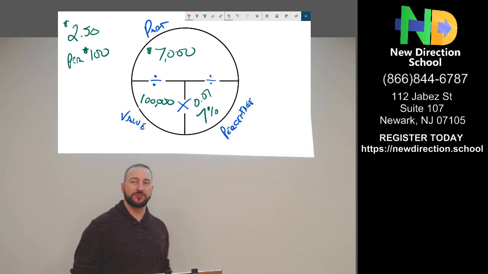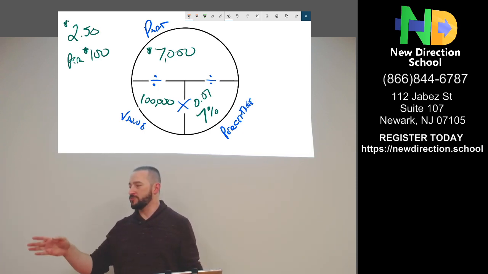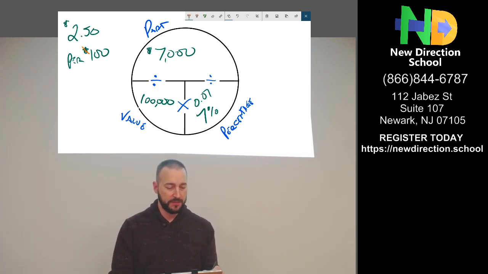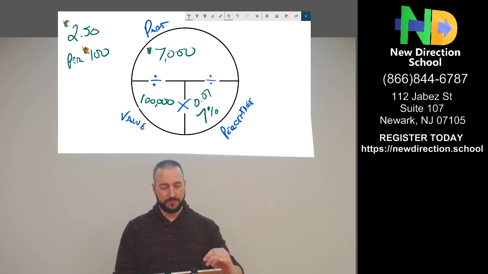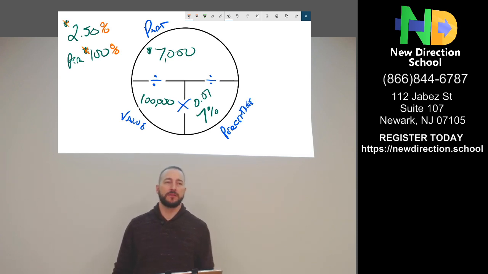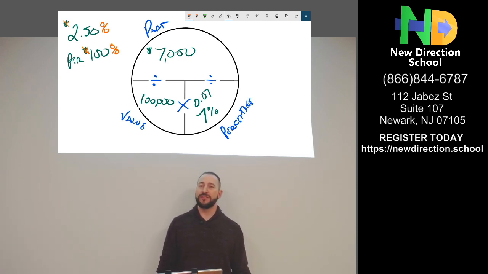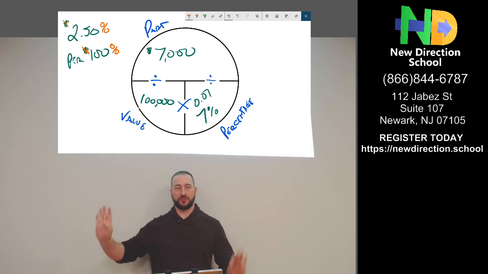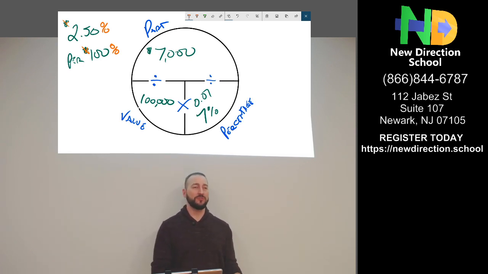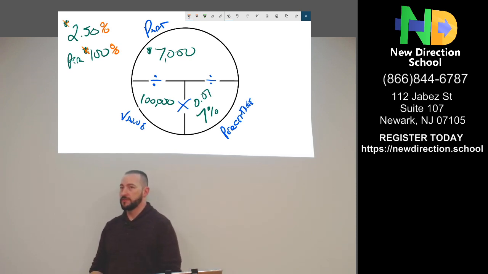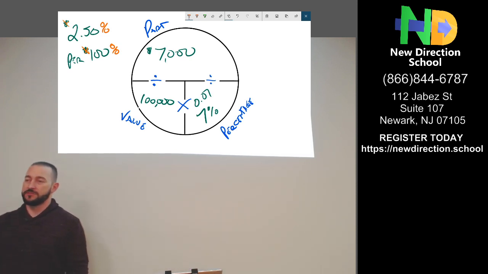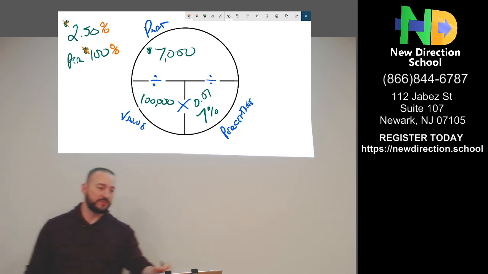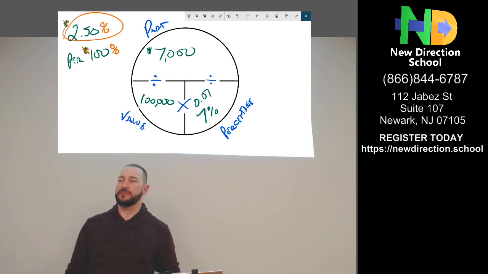So all you have to do here, forget the divide by 100. Take the dollar sign out, add the percent sign. So it's not $2.50, it's 2.5%. If it said per thousand, the story is different. It says per 100, and every time you see per 100 means percent. So why should I be dividing by $100? Don't have to. Go straight to 2.5%.